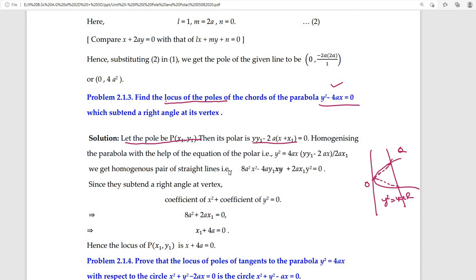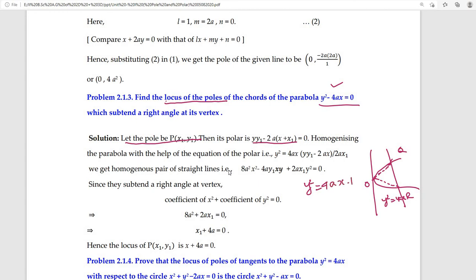The line in this case is the polar. So we have to homogenize the equation of the curve with the help of this polar. We already know how to homogenize the given curve with the help of a line. Using that concept, you can write y square is equal to 4ax into 1.